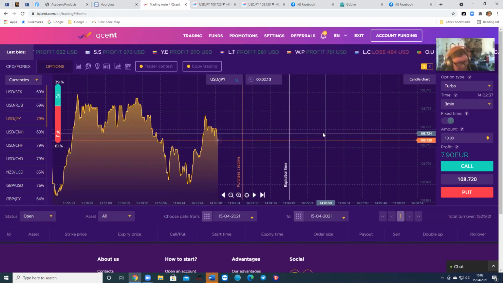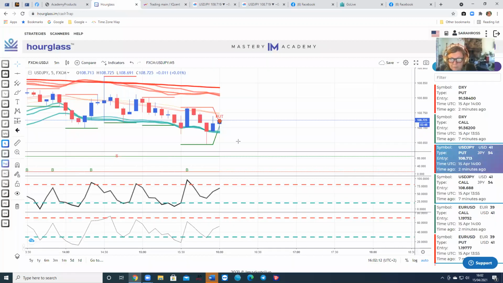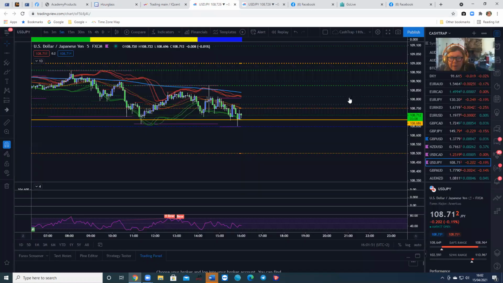So can't take anything on there at the moment because it hasn't dropped back enough. The DXY is a put as well. And I will just want to look again at HourGlass and the others.